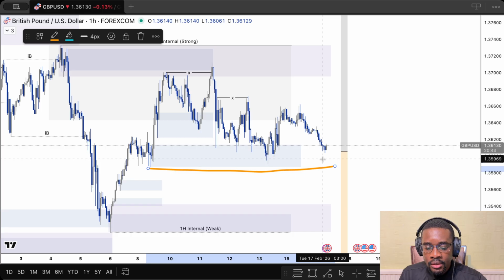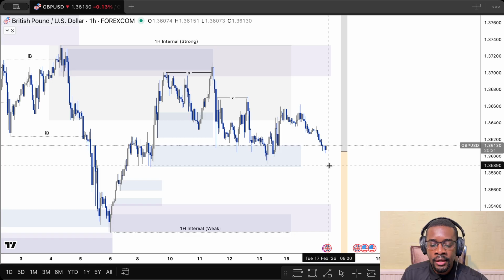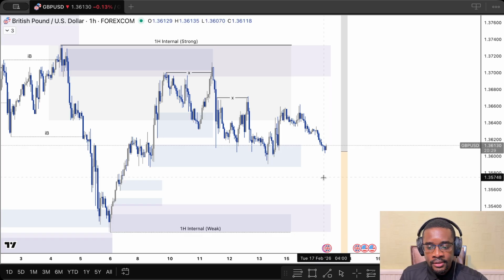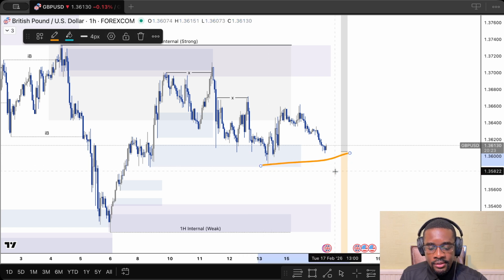Okay, so obviously on the lower time frames, 15 minutes, 5 minute, 3 minute, 1 minute, there are lots of entries that you can find, but also you start introducing a lot of variance, and then once you start having too many trades without restrictions, then you also introduce too many losses as well. So you don't want to blow your account.